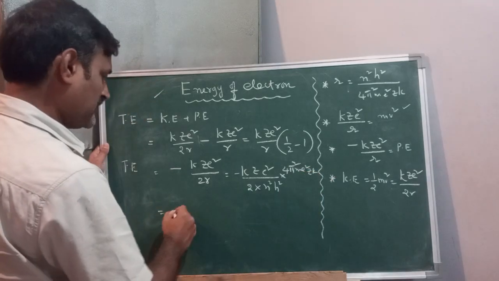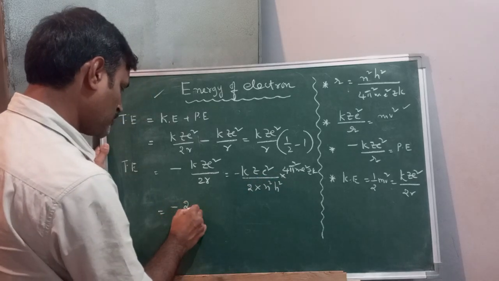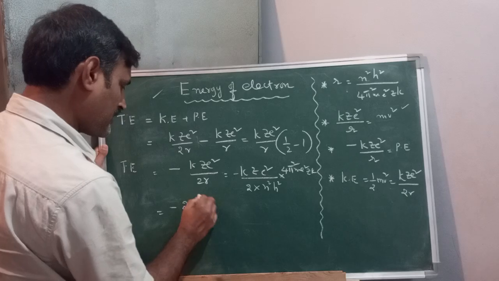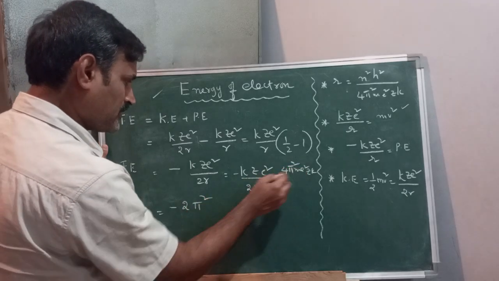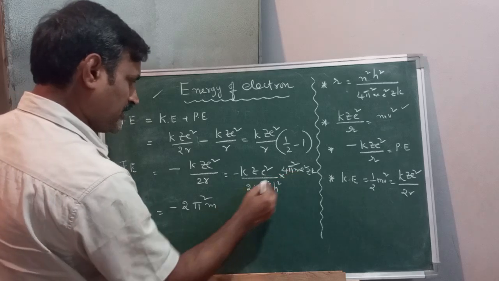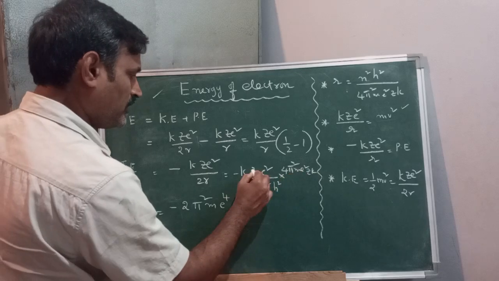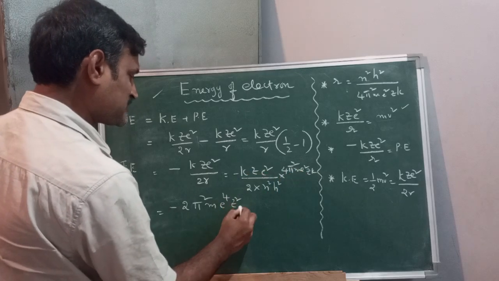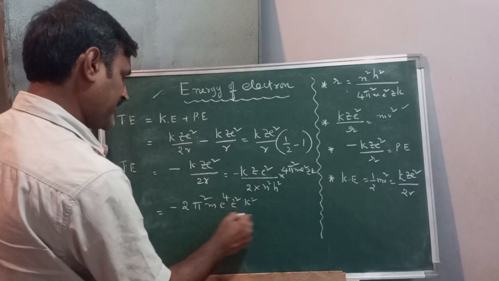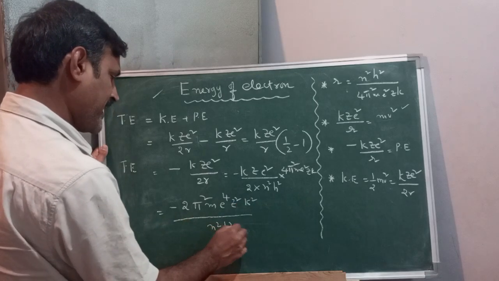If you simplify a little, 2 twos are 4, so I will write minus 2 pi square m e power 4 z square k square divided by n square h square.